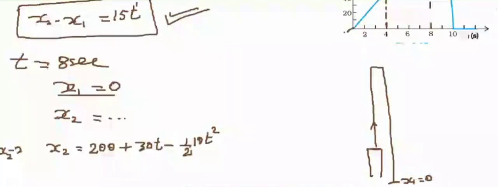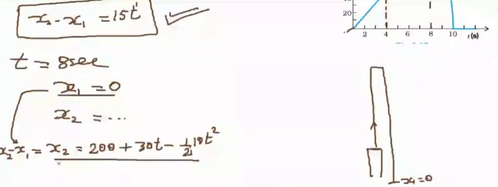Now here in that formula substitute x1 equal to 0. If x1 is 0, then this is the equation for x2. Only x2, only the second stone is in motion. Then if only the second stone is in motion, this is not the formula x2 minus x1 equal to 15t, but the formula is given by this equation.